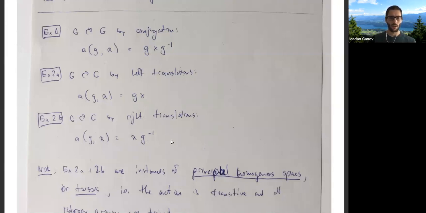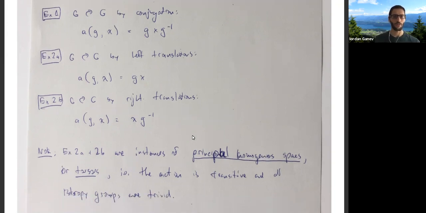So these are actions that we always have. These two are instances of principal homogeneous spaces, or torsors. We said what a homogeneous space is. A principal homogeneous space is where the action is transitive, and in addition, all stabilizers are trivial.